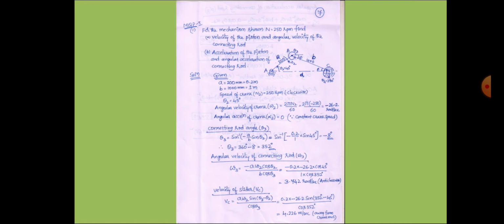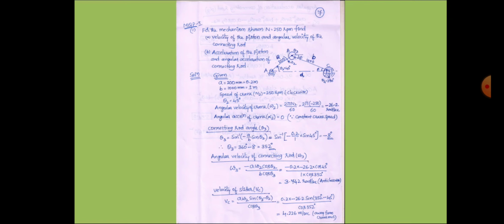Whatever you have derived, please list out the formulas. One is the connecting rod angle, theta 3. Next, the velocity of the slider Vc and the angular velocity of the connecting rod, omega 3.